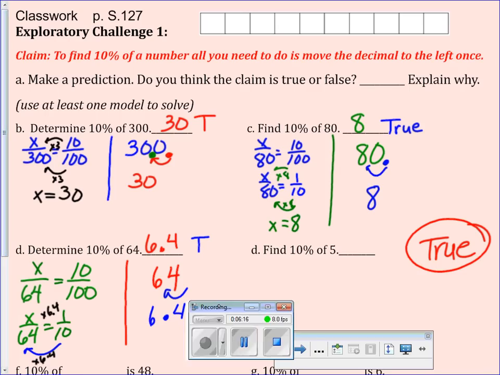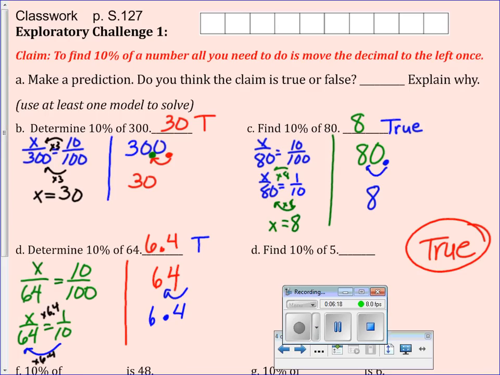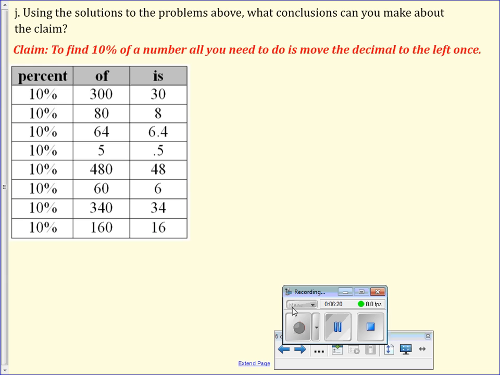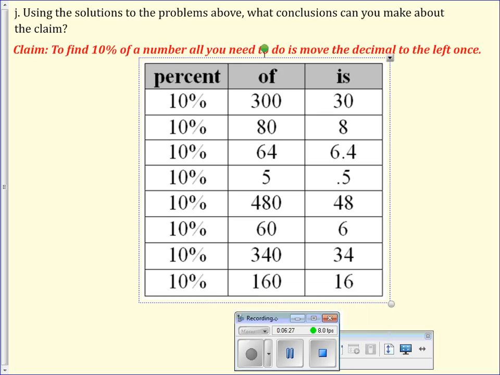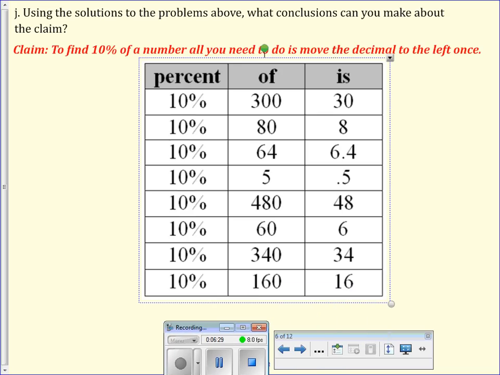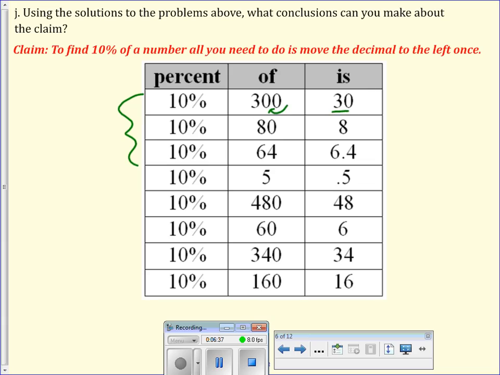Any questions on that? So here on this table are the answers if we had solved all of them, but we did just solve these three. So 10% of 300 is 30. Did we move the decimal to the left once to get our answer?